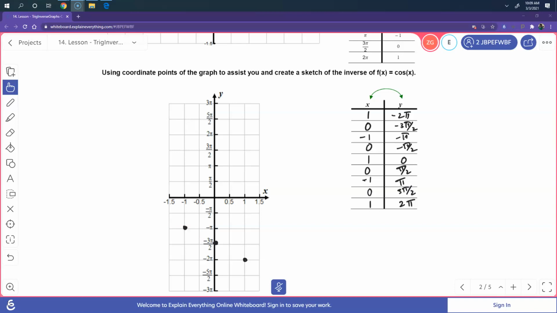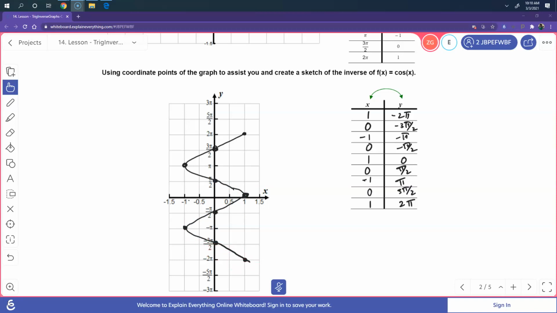And then we have 0 and -pi over 2. Then we have 1, 0. And then we have 0, pi over 2. -1 is pi. 0 is 3 pi over 2. 1 is 2 pi. So I'm going to go ahead and graph this, and you notice it behaves just like sine. It's going to be vertical.